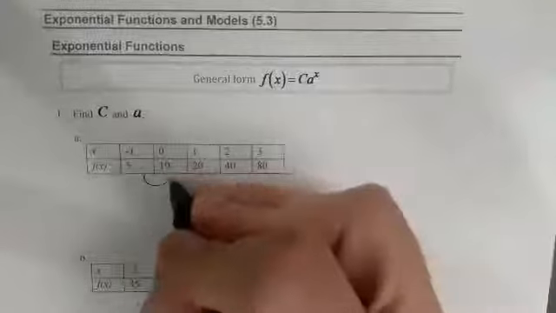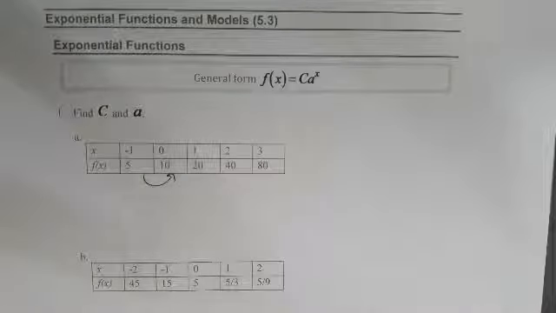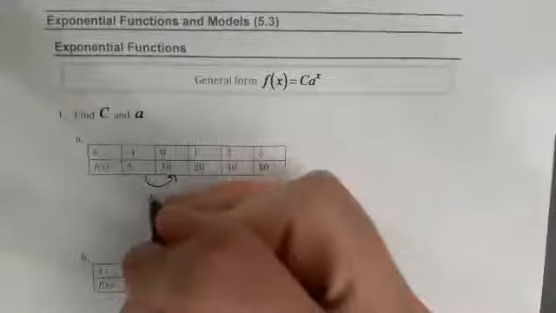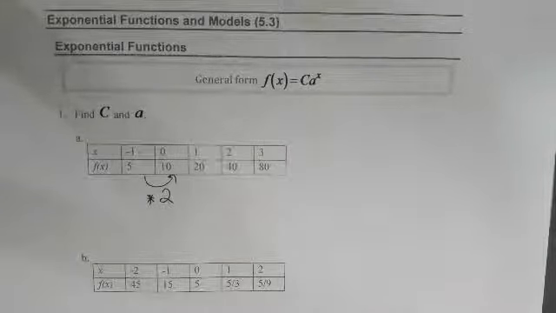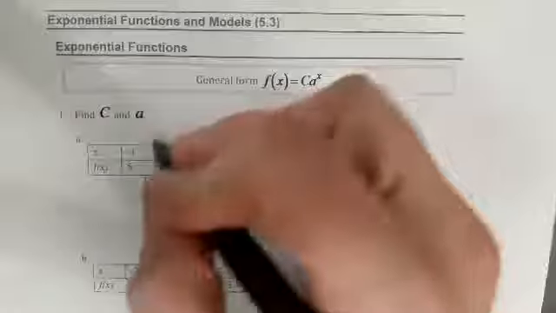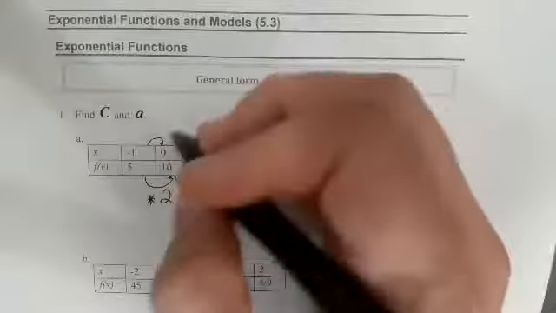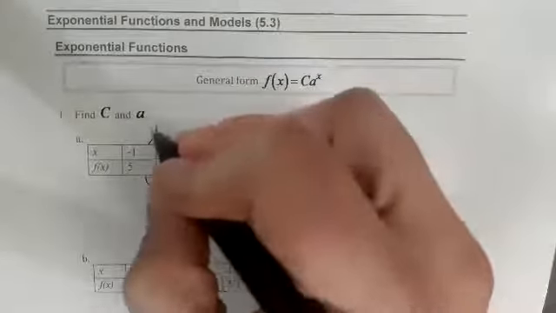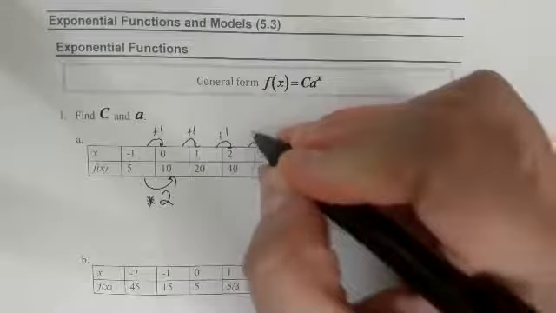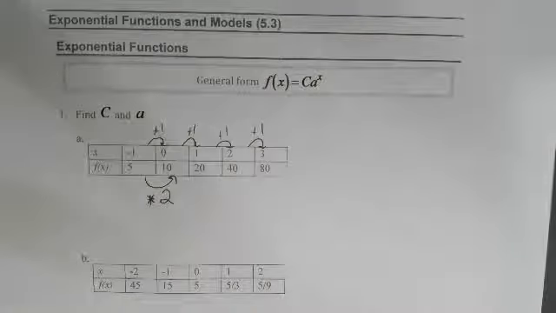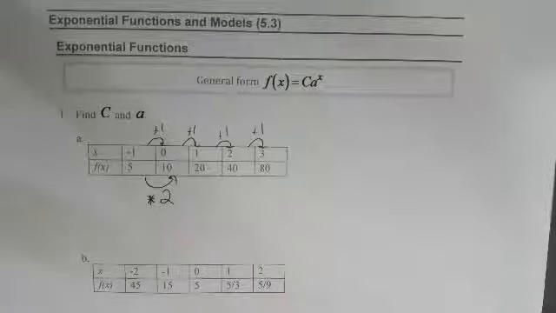If I go from here, what I'm doing is doing this twice, or multiplying this thing by 2. X is going up 1, and for each one that you go up in your x, you're multiplying by 2.